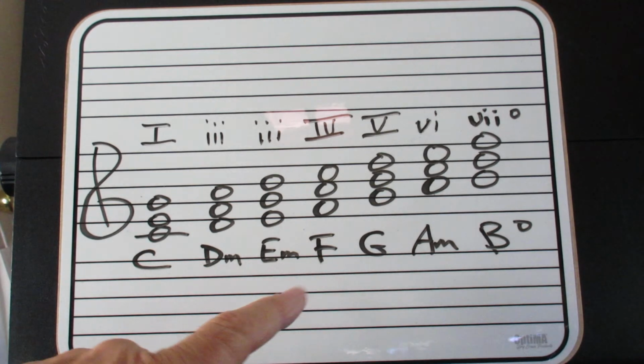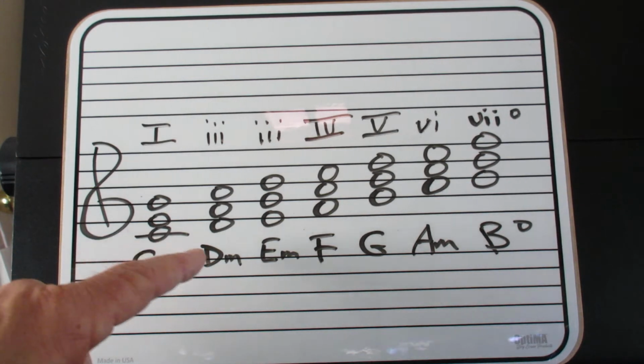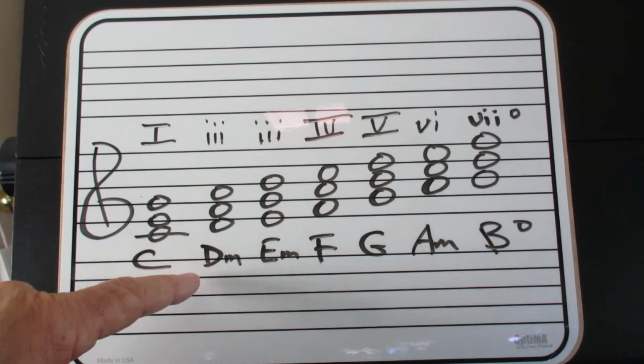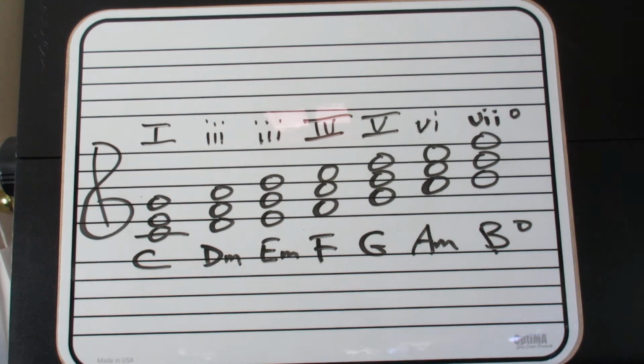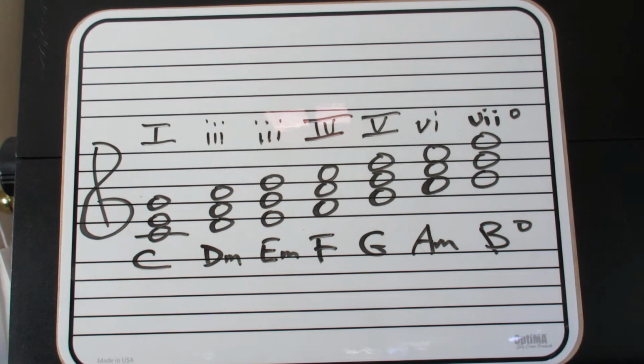And that's going to be of interest very shortly. The 5th chord, which is called the 5 chord, is also a major chord. The chord that is built off the 2nd degree of the scale is a minor chord, always in a major key. The chord that's built off the 3rd degree is also a minor chord.